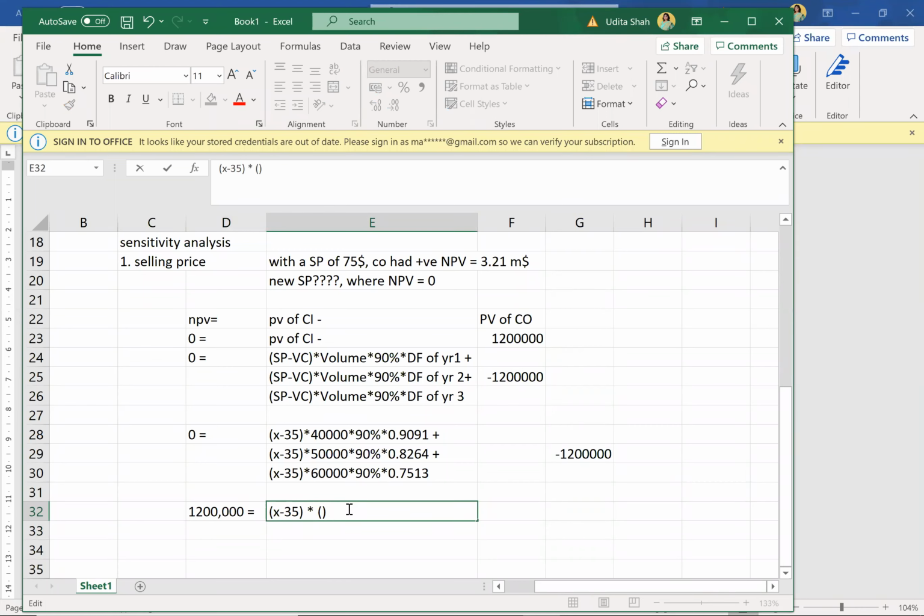And into, it will be what? 40,000 into 90%, correct, into 0.9091, plus 50,000 into 90% into 0.8264, correct, and plus 60,000 into 90% into 0.7513.